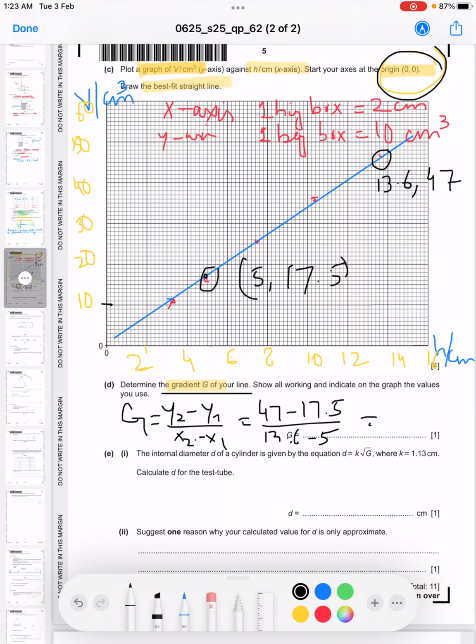I get the answer 3.43. So students, check your answer. Okay, meanwhile I will move to the next question.